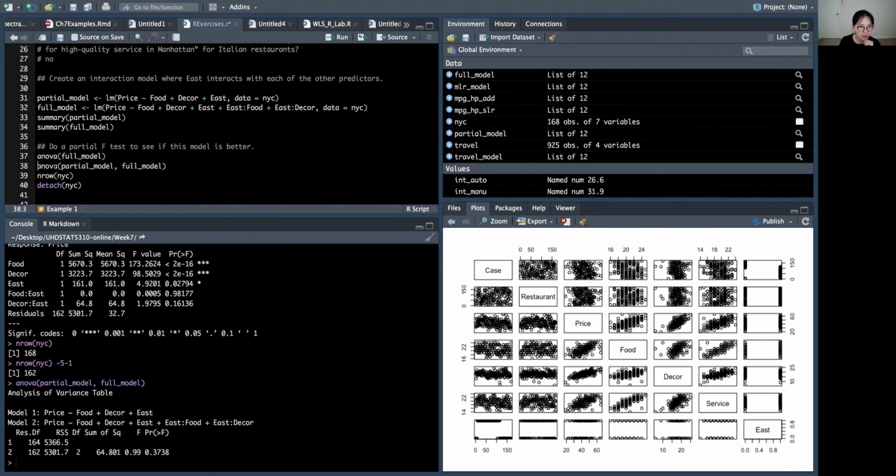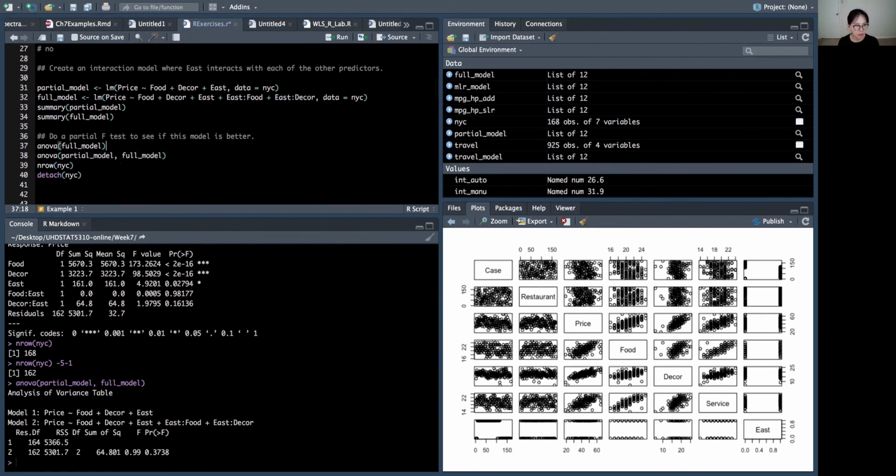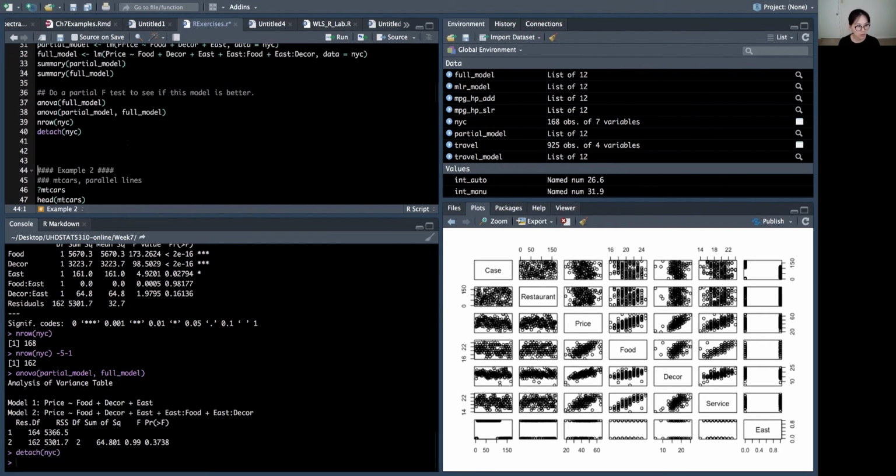I guess that's it for this example. Just in case you need it, I'll comment it out. This is the function you should use for this partial F-test.